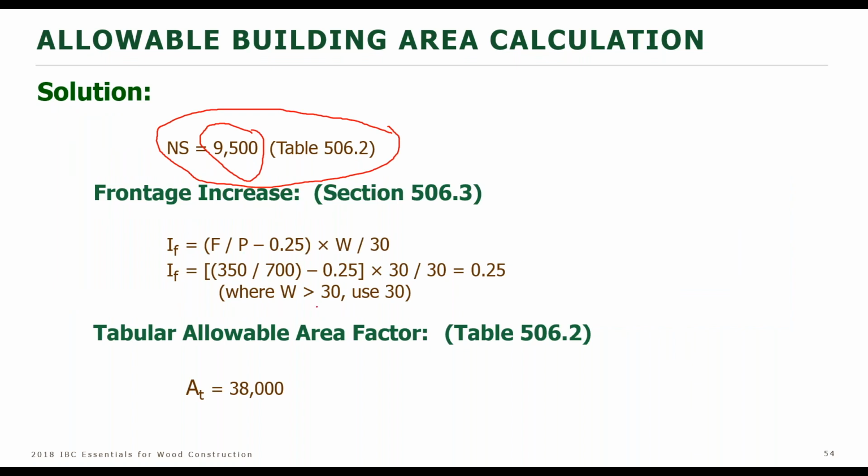We can calculate the frontage calculation like this, and you can go through this step by step later as you watch or look at the CCWD. We also pull from the table the allowable area factor from Table 602. Both this and this come from the same table, Table 602.